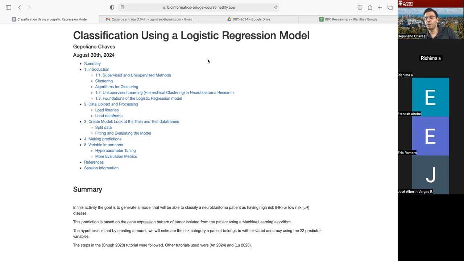So we have the patient in state 1 and the patient in state 2. In state 1, we can estimate how much risk they have or which risk category they belong to. And in state 2, we can also quantify how much risk they have and which risk category they belong to.